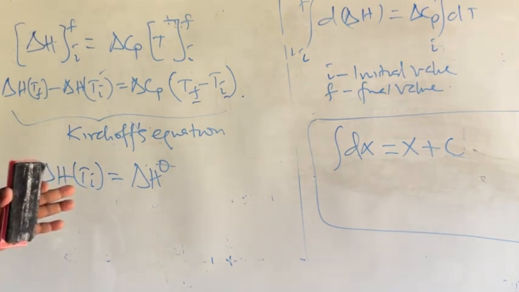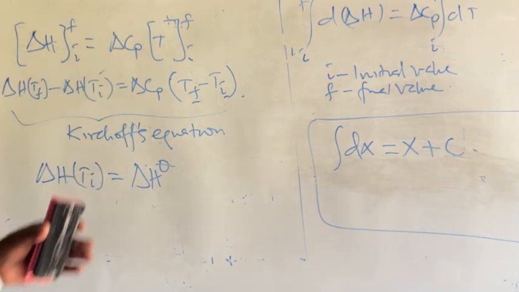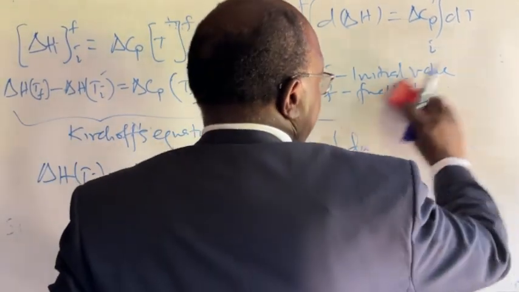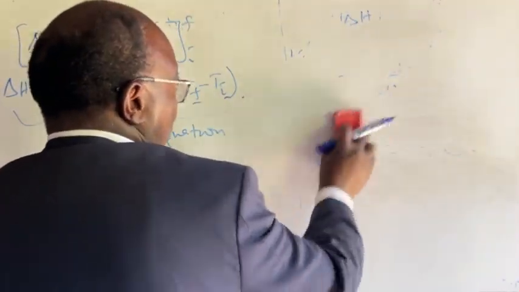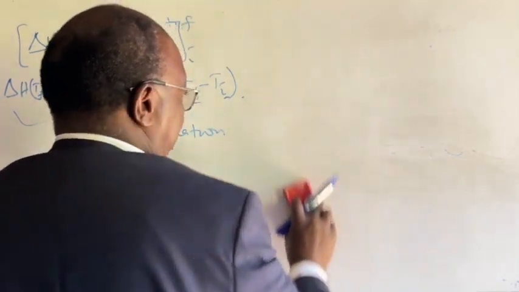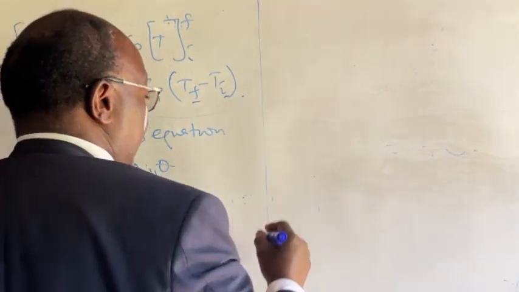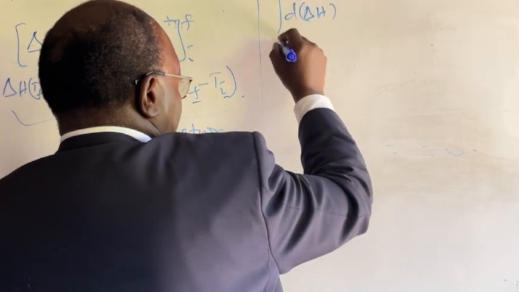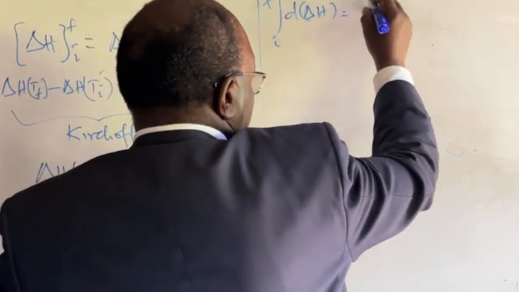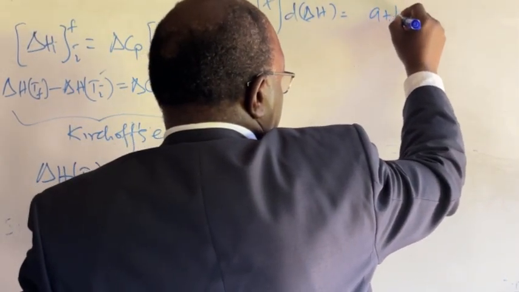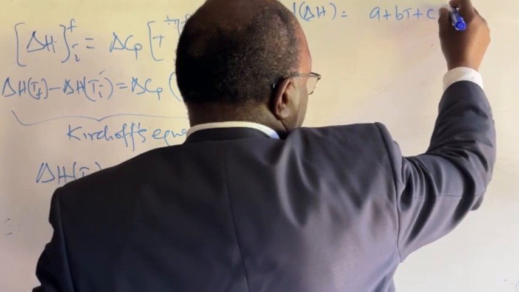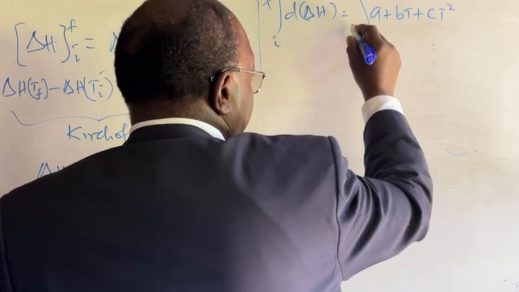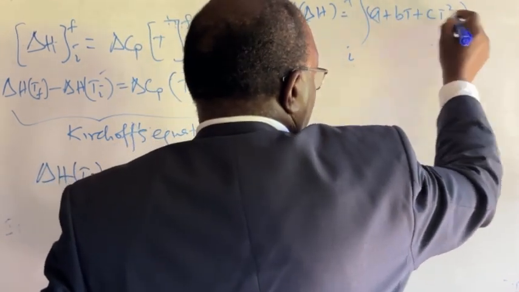And again, if delta Cp depends on temperature, then that integral expression changes significantly. If the heat capacity is dependent on temperature, we'll have the integral from i to f of A plus BT plus CT squared, let's say we have truncated it at a third term, dT.